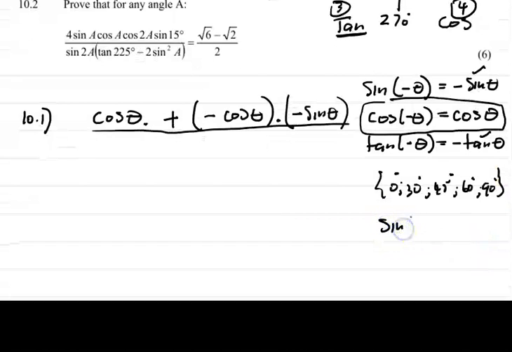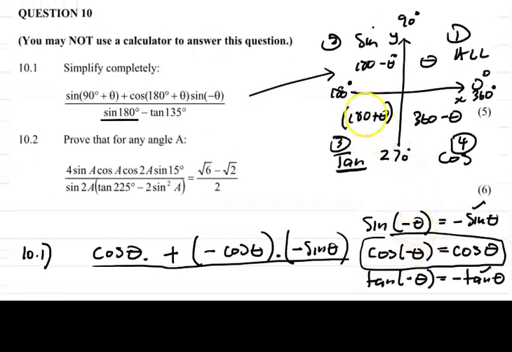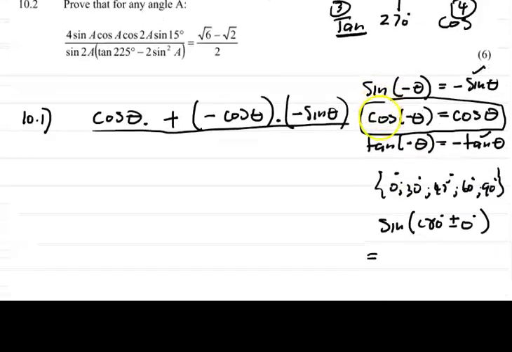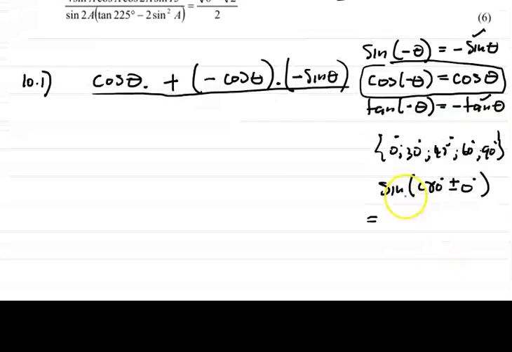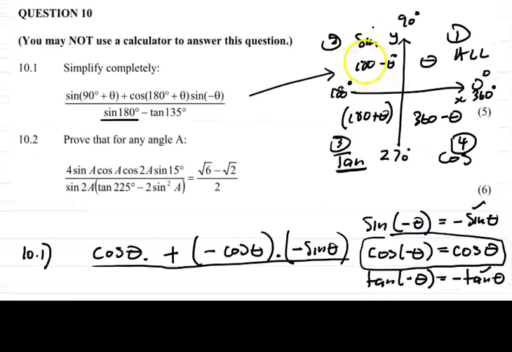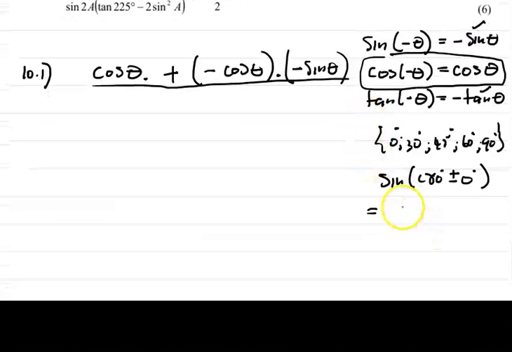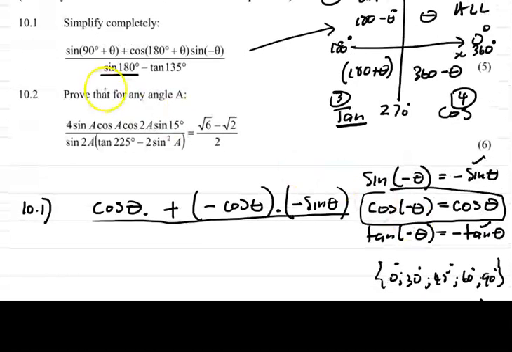So you'll get sine of 180 degrees plus or minus 0 degrees, so you are going to end up with sine of 0 degrees. In the second quadrant it will be positive sine 0, in the third quadrant it will be negative sine 0, and that doesn't make a difference because sine of 0 degrees is 0. So we can simply write 0.